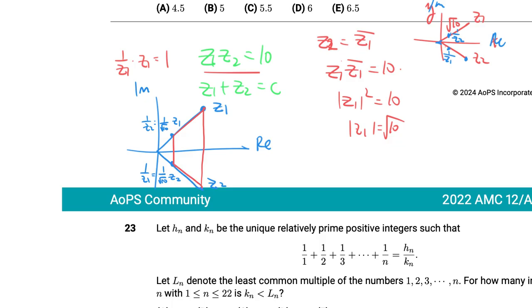And its area needs to be maximized. And essentially what we have though is z2 is also the conjugate of z1. So everything is based on this one point z1, and we can choose where its x value is. So z1 plus z2, recall, is equal to c, but then it's also equal to twice the real part of z1, right?